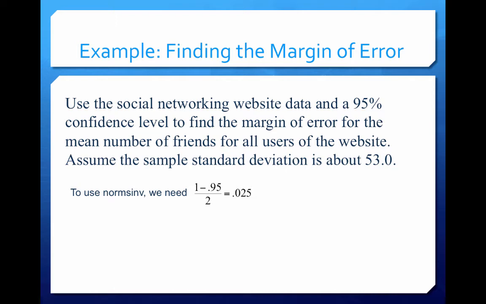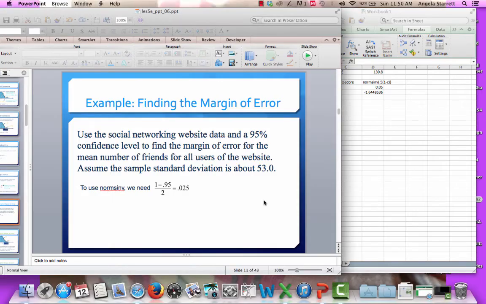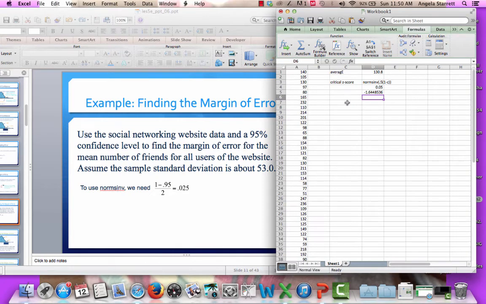Okay, so let's go through finding critical Z. We need to get 1 minus the confidence level divided by 2. I do this and I get 0.025. This is what I need to get my critical Z-score. So critical Z-score is going to be norm.s.inv of the probability to the left of that negative Z, which is 0.025, and I get negative 1.959.